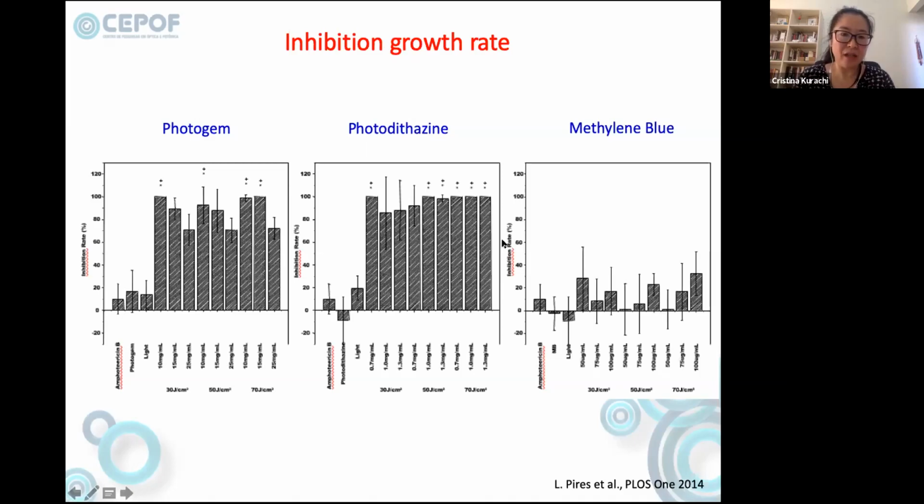And as you can see here, the photosensitizer with the best results in vitro was the chlorin. This is the name of the compound. And methylene blue was the worst photosensitizer in this comparison.